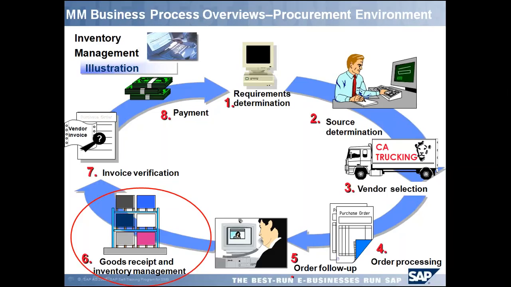The process of the entire MM, in fact, he's just talking about step number 6, but it ends with invoice verification. So it doesn't stop at inventory. Inventory is between the purchasing and invoice verification. You write this point.